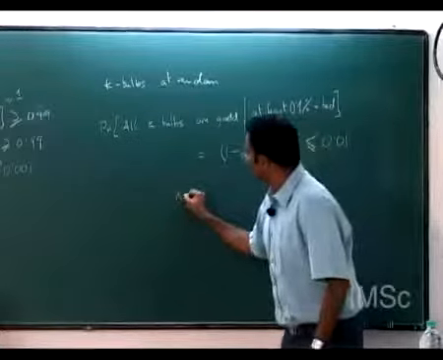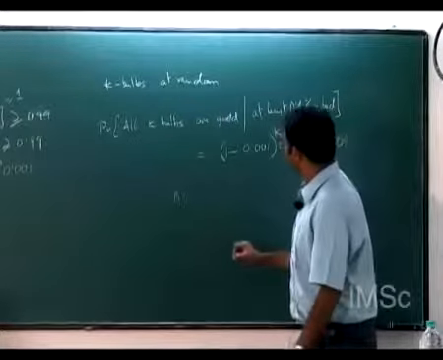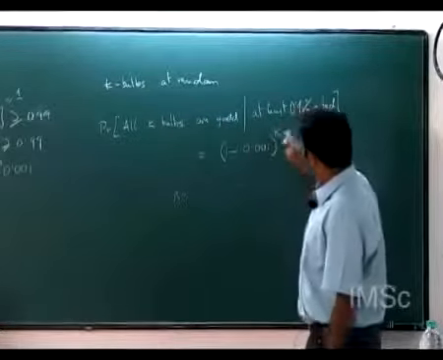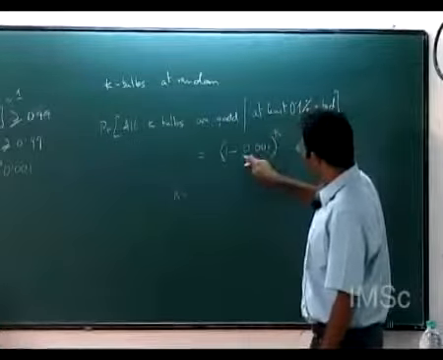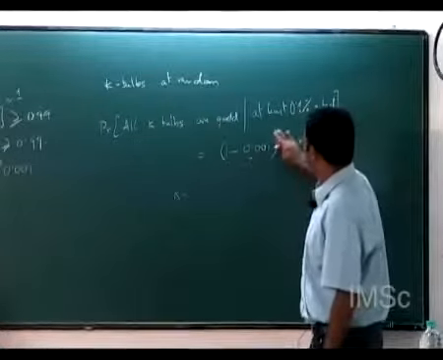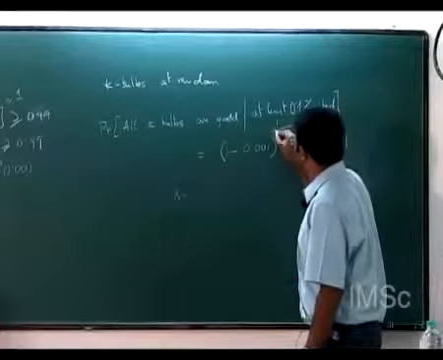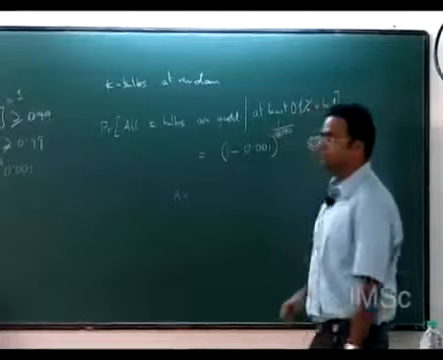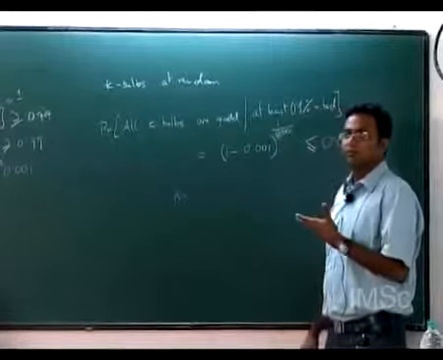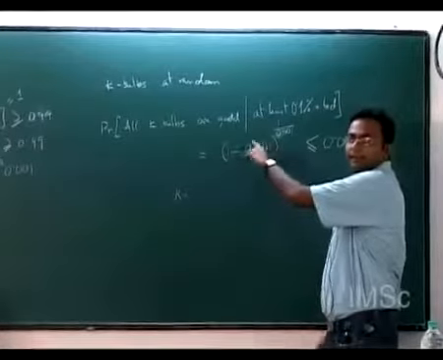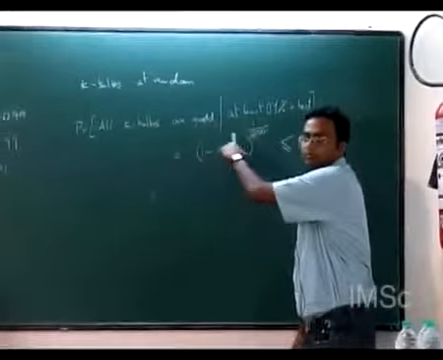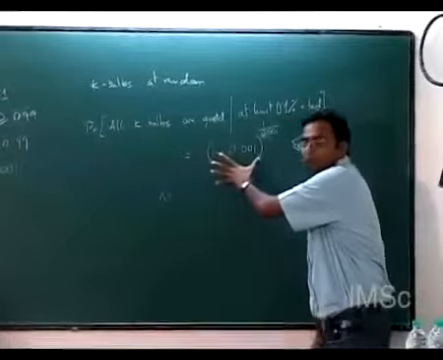If you take k to be 1 over this quantity, 1 over 0.001, then this quantity is exactly 1 over e.